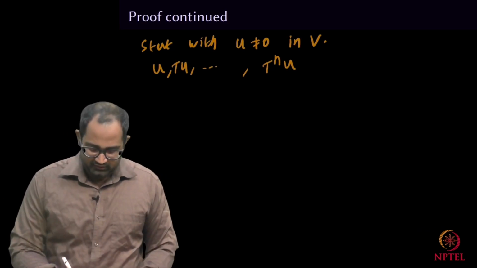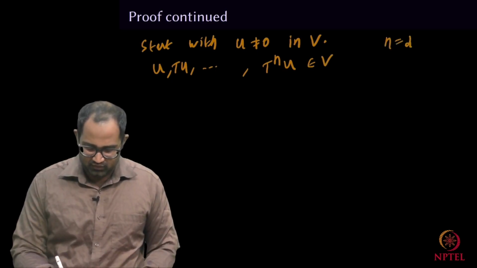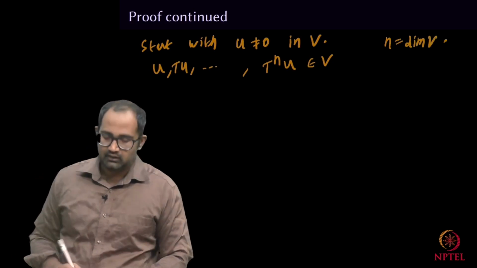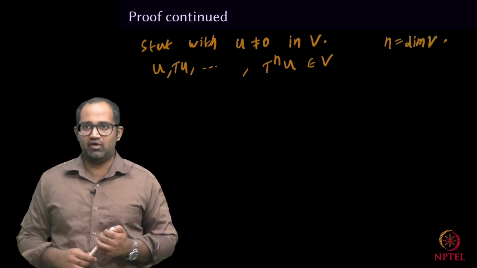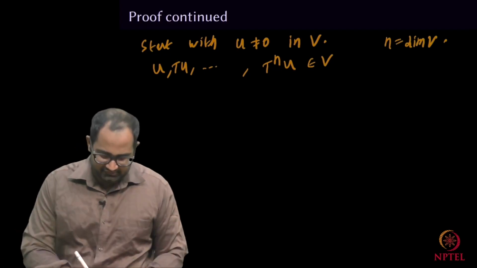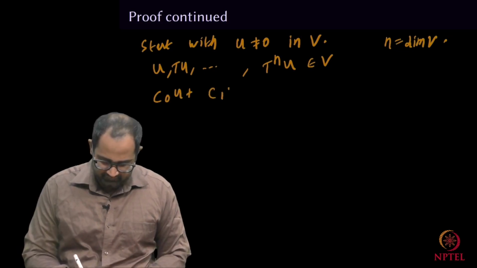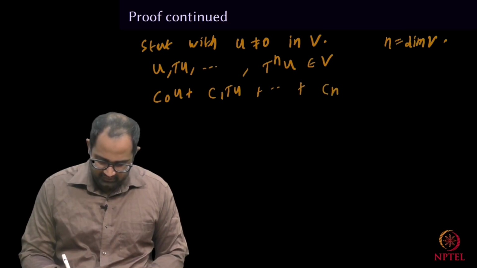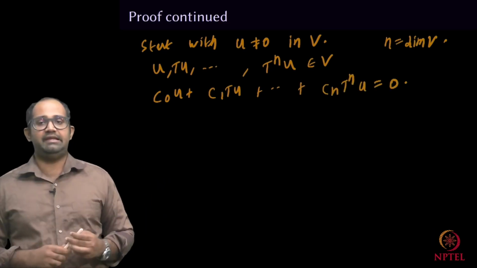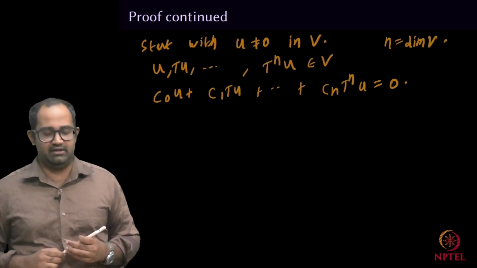This is a list of vectors in V, and recall n is the dimension of V. Now for exactly the same reasons, because the length of this list exceeds the dimension of V, there is a linear relation. You have C0 u plus C1 Tu plus dot dot dot Cn T to the n u is 0. You must have linear dependence.